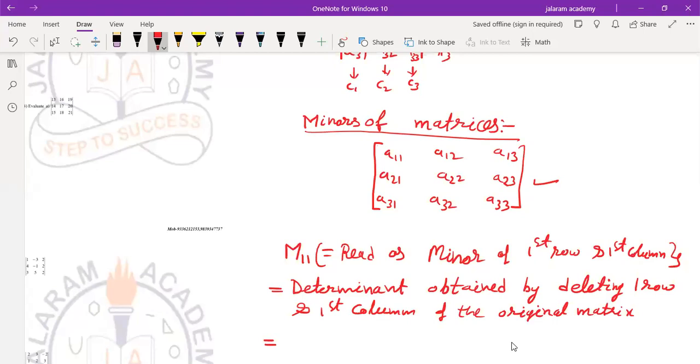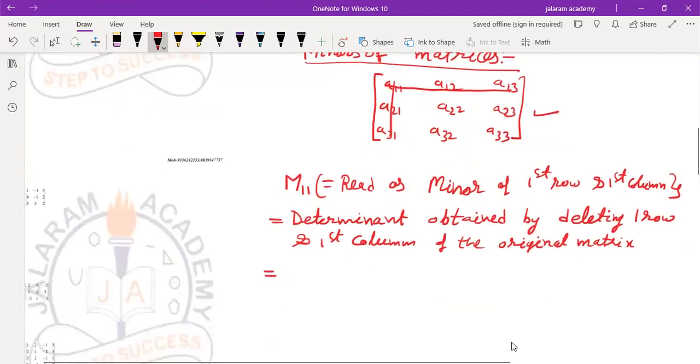We will not write the first row, we will not write the first column, and the remaining elements will be written in the determinant.